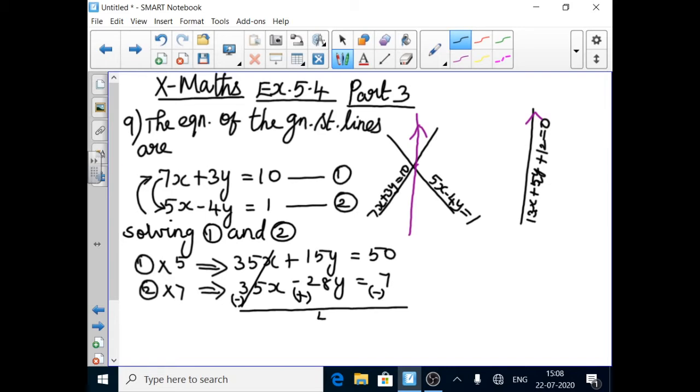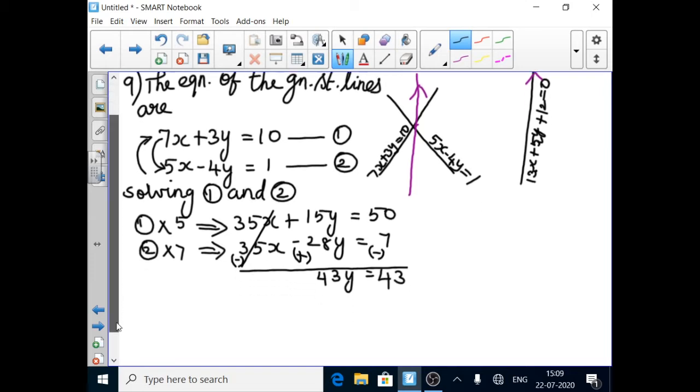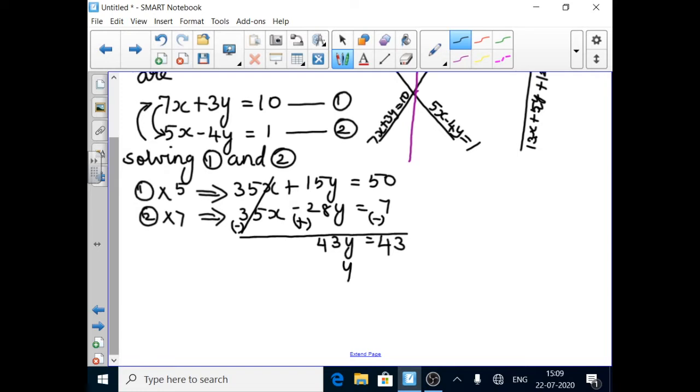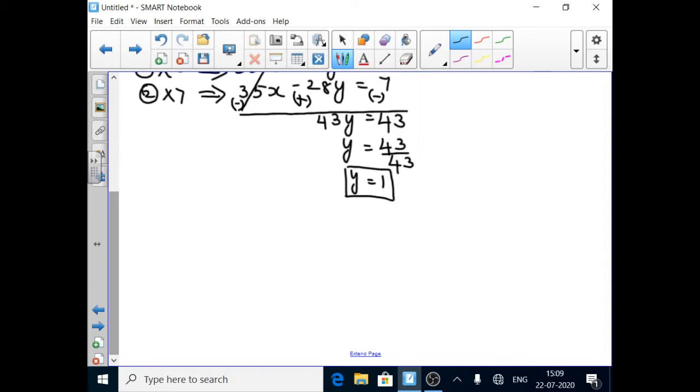43y is equal to 43. So y equal to 43 by 43, the answer is y equal to 1. Now substitute y equal to 1. We can take either the first equation or the second equation.